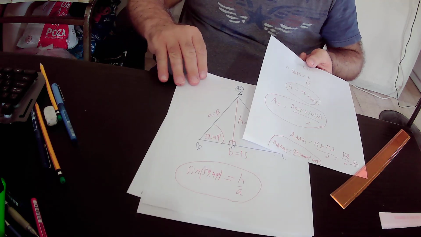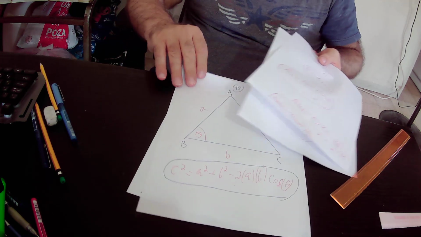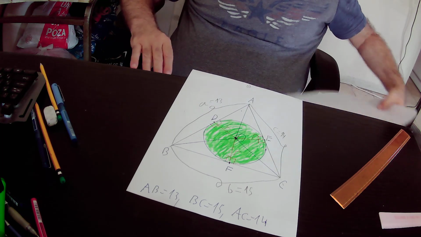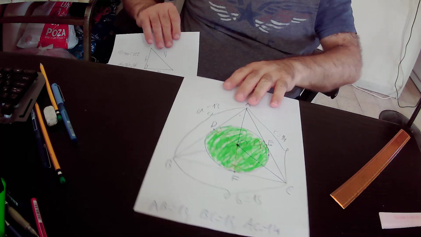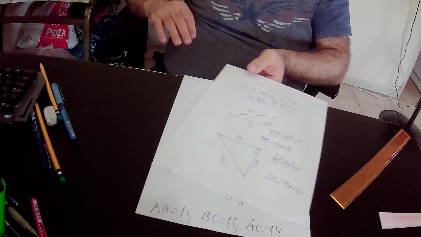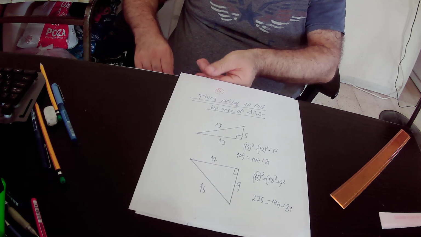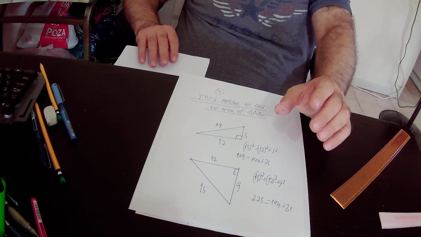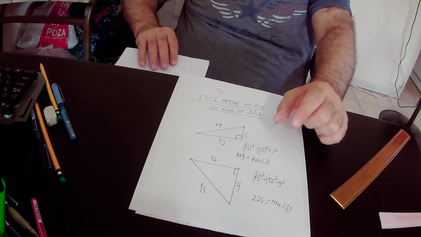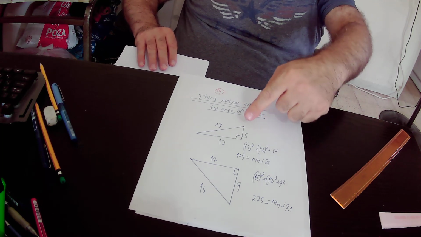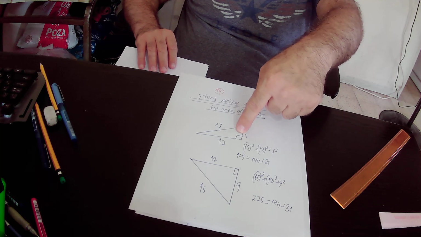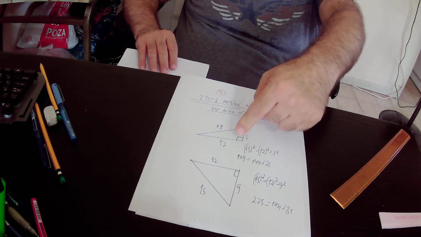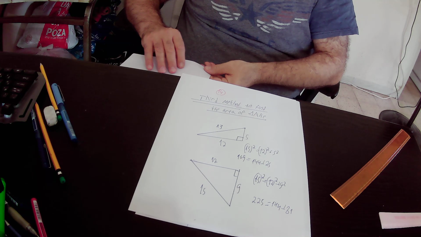Then I presented to you a third method to find the area of triangle ABC. In this method, we divided triangle ABC into two right triangles. This is the first part of triangle ABC, and this is the second part of triangle ABC.